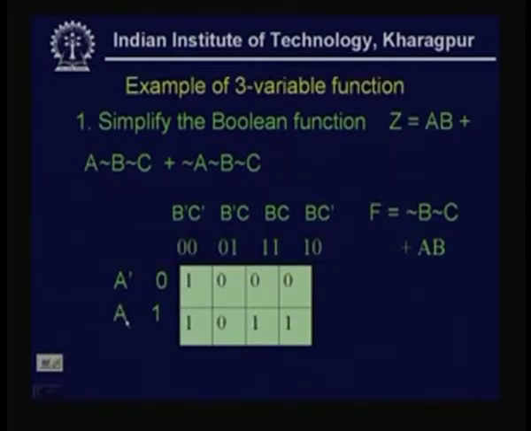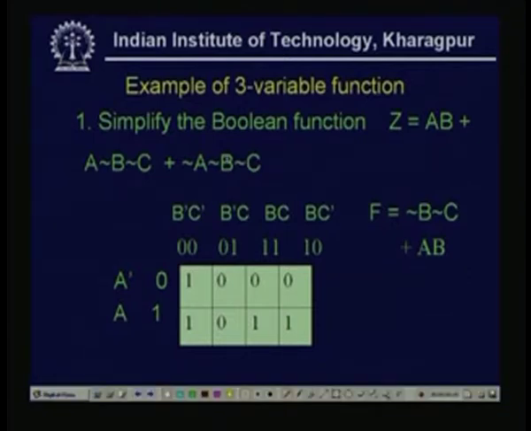If we see the first one, it is A B plus A B bar C bar plus A bar B bar C bar. Now, one thing we notice here is that this is a 3 variable function, but in the first min term, A B, one literal is absent.